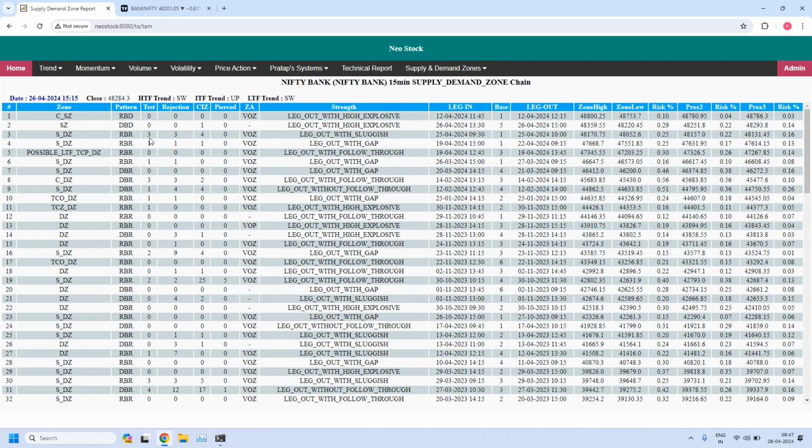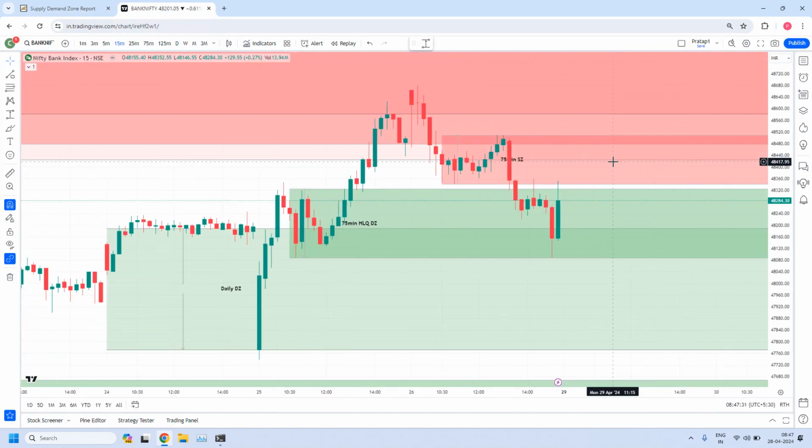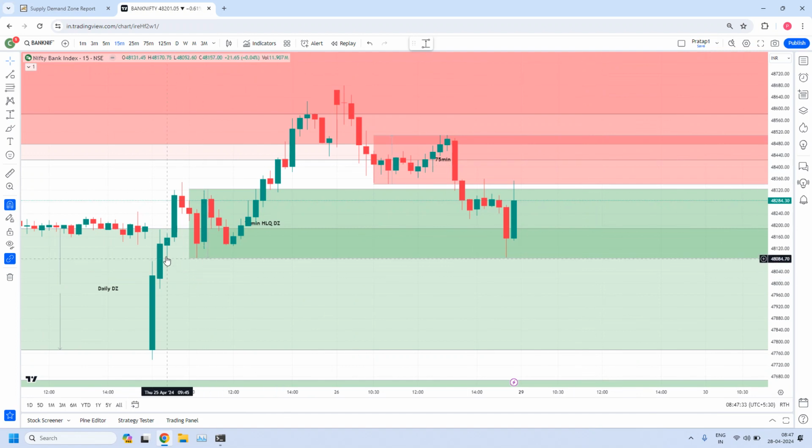See, the 3rd one is already tested 3 times, 3 rejections also. When it is 25th April 9:30, after that one base candle. So this is the reason behind these rejections. We got it now.